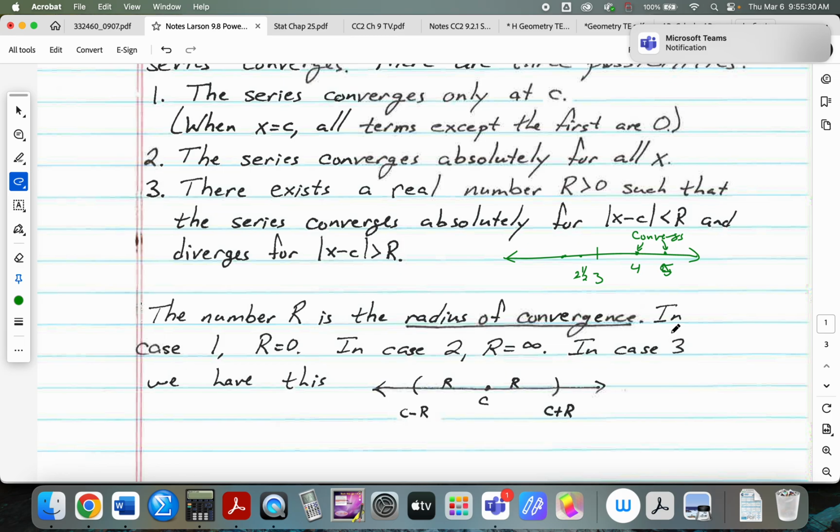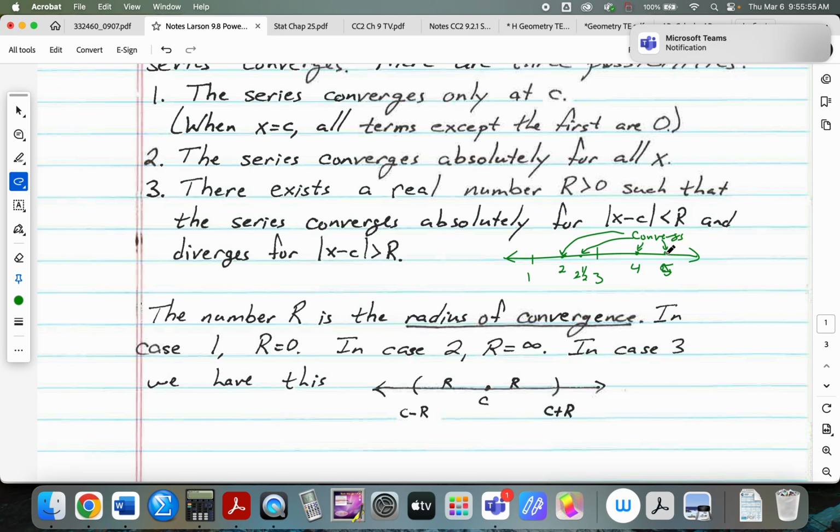It's got to converge. What about at 2? It's got to converge. What about at 1? The answer is we don't know.